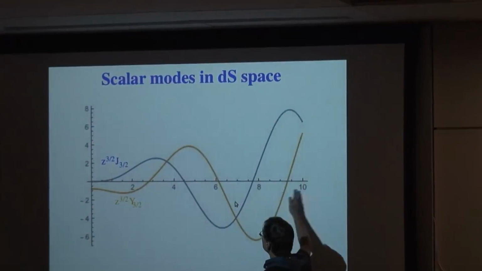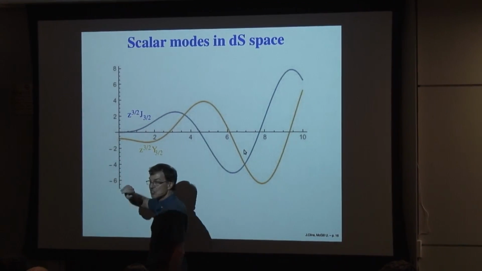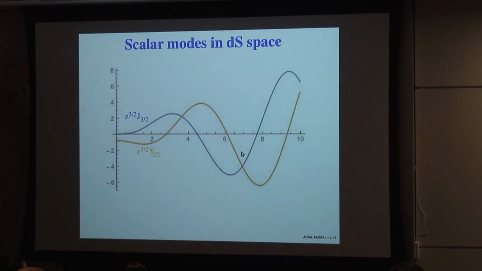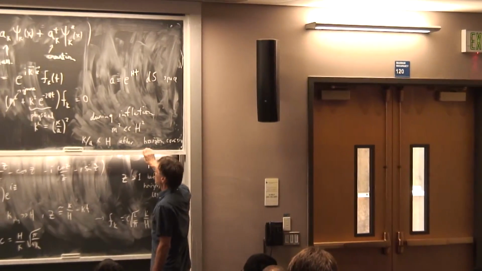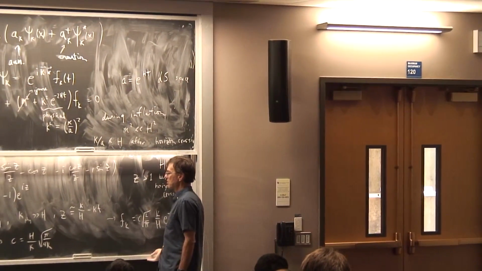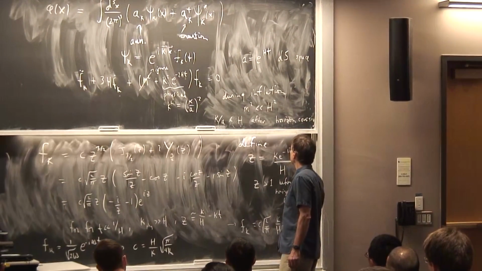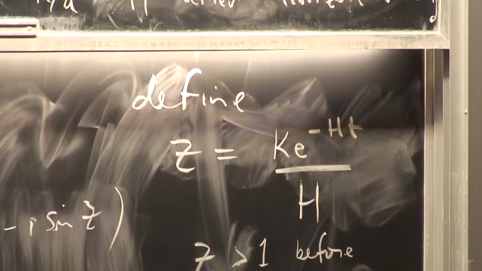It's just that they're oscillating at large z, and they're going to a constant as z goes to 0. So where is z defined? Oh yeah. So at large time, z is going to 0, that's all.